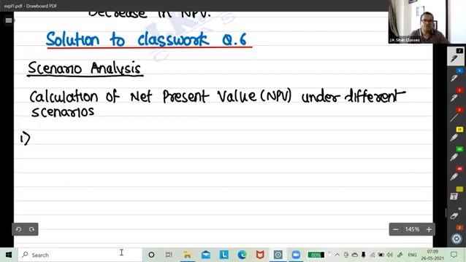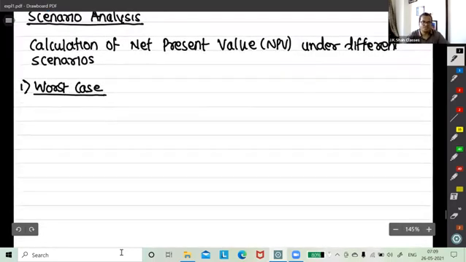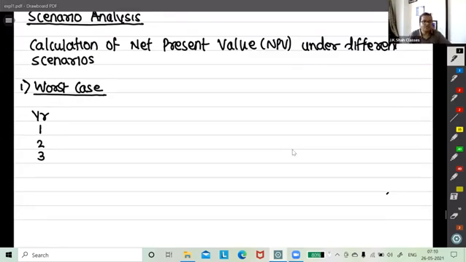So we give this. Okay, calculation of NPV under different scenarios. In the first scenario, worst case. So year 1, 2, 3. Everything calculated.